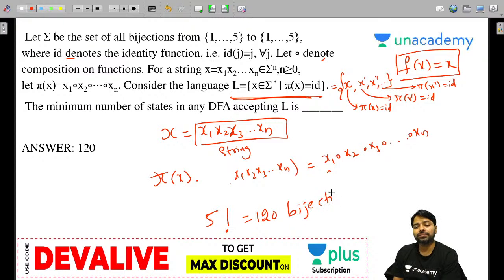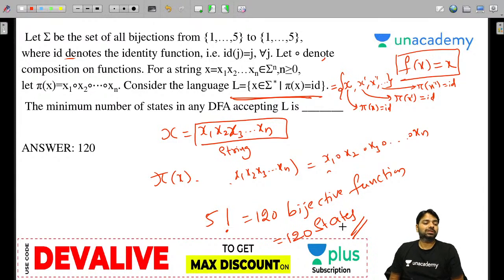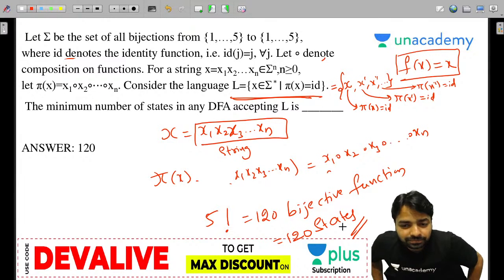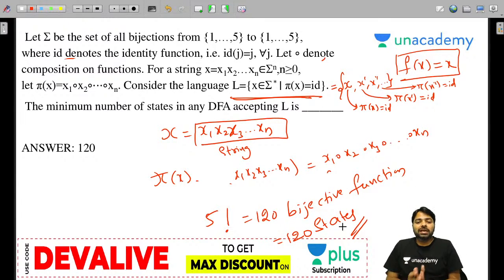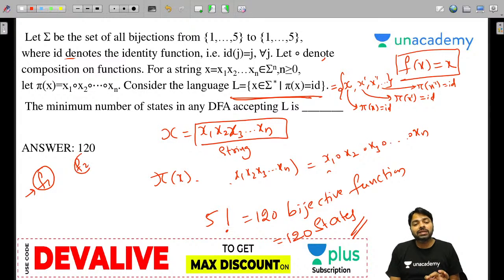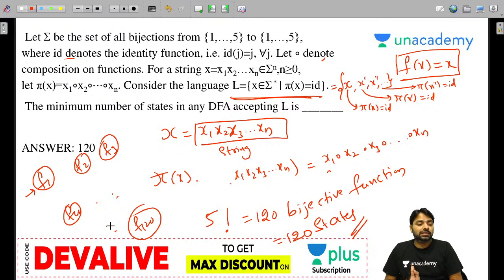So to understand this problem, you require 120 states in a minimum DFA, guys. Clear? Similarly, from F1 to F120, you will create the states, and you are going to do that.